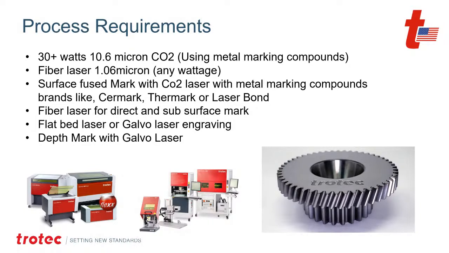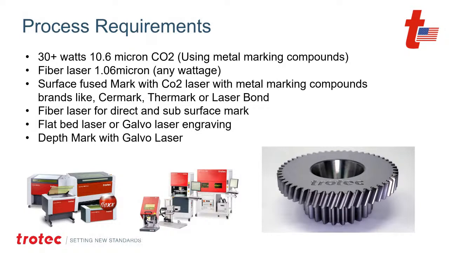Stainless steel cannot be directly marked with a CO2, but we can use metal marking compounds, where a fiber laser will mark stainless steel beautifully with any wattage without any compound, and it's a subsurface into the material mark. The surface fused mark with a CO2 laser uses metal marking compounds like Surmark, Thermark, or Laser Bond.